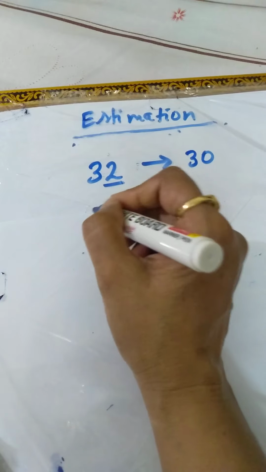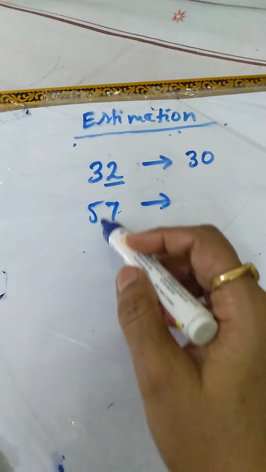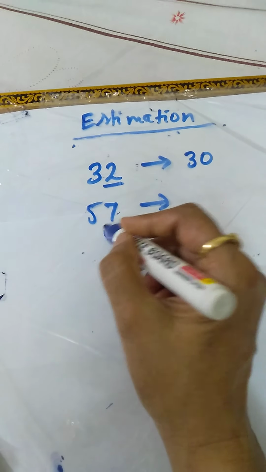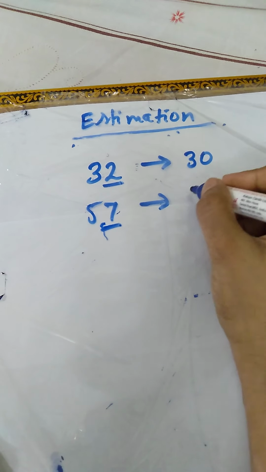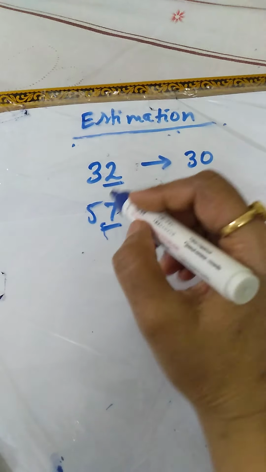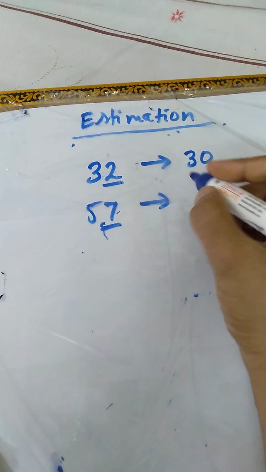If the number is 57, that means 7 is more than 5, so it is nearer to the next tens, so we add 1 with 5 and round off as 60.